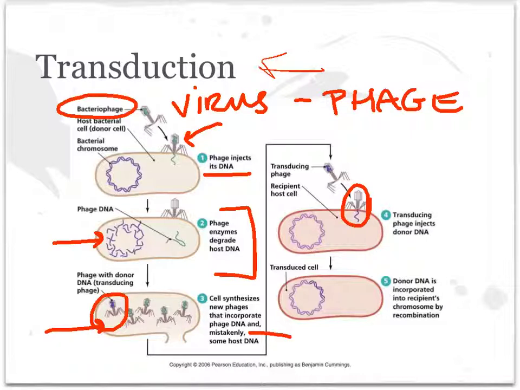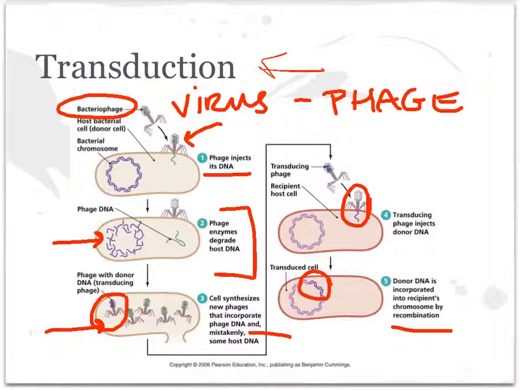Sometimes that bacterial DNA can then reincorporate itself into the host genome, and then can be expressed in many ways. That cell is then said to be transformed. It's a recombinant bacterium.